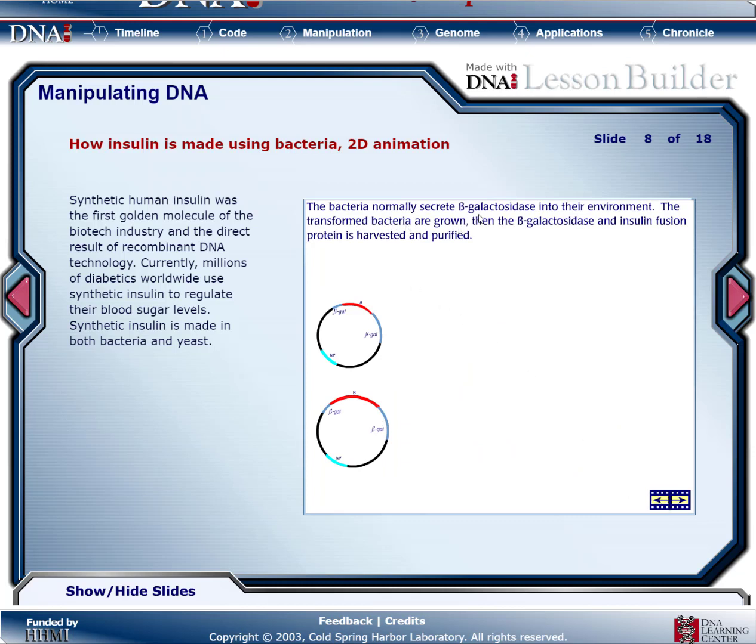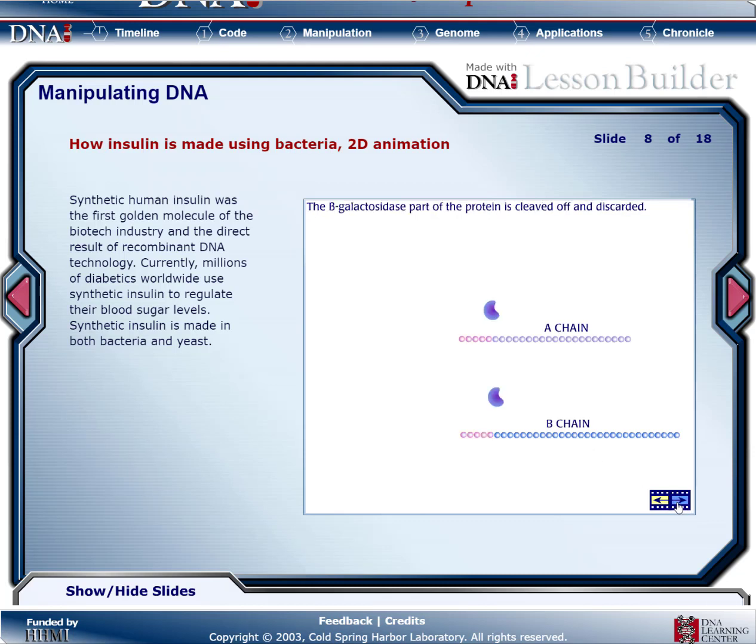Bacteria normally secrete beta-galactosidase into their environment. The transformed bacteria are grown, then the beta-galactosidase and insulin fusion protein is harvested and purified. The beta-galactosidase part of the protein is cleaved off and discarded.